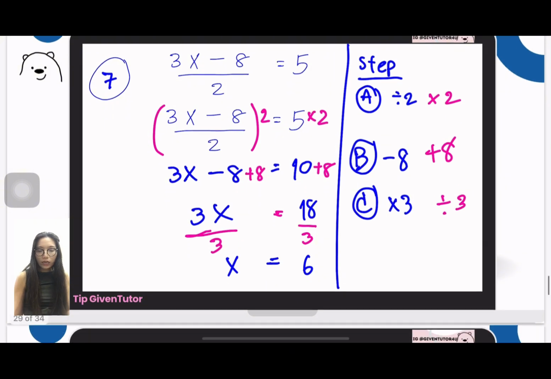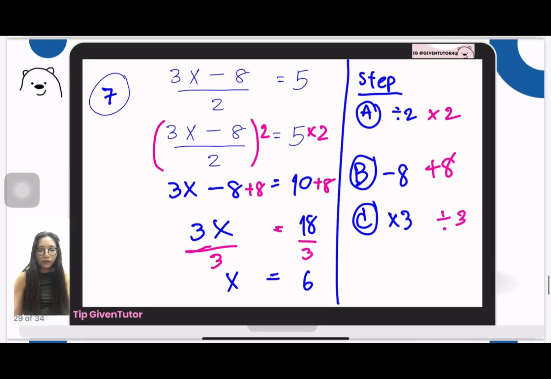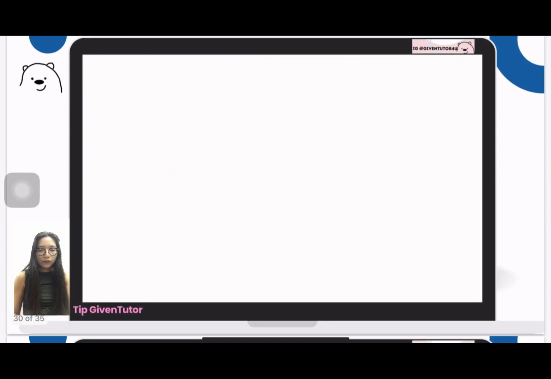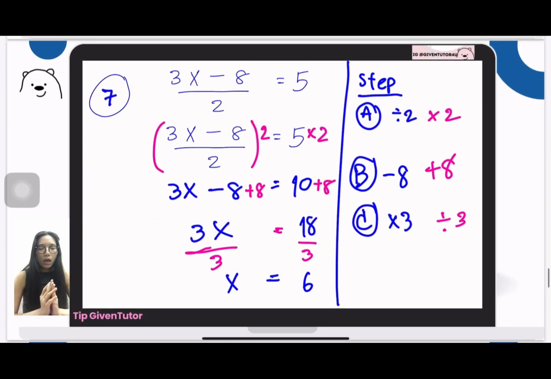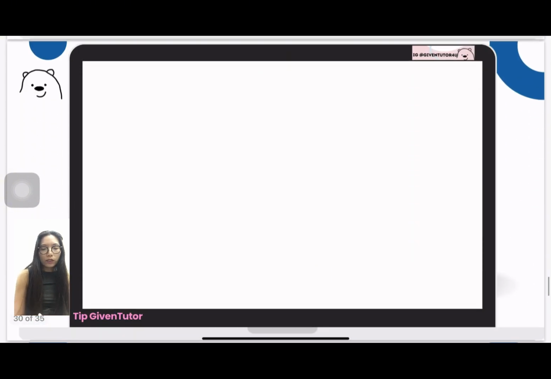So this is the example for you to do, the 7 examples. This will make you understand more about the steps, so that you check on that, you will got the reverse operations, right? When we got plus, you will got the minus reverse.